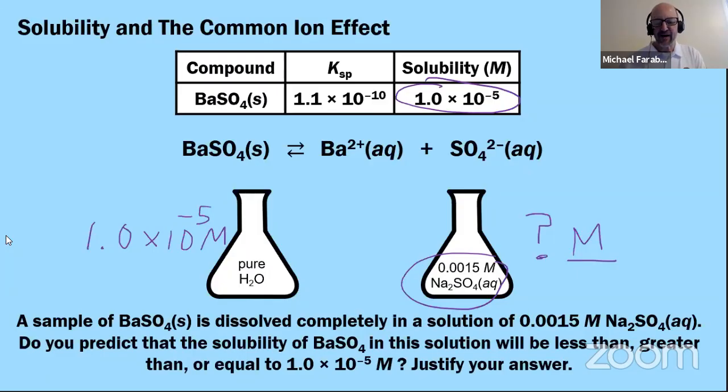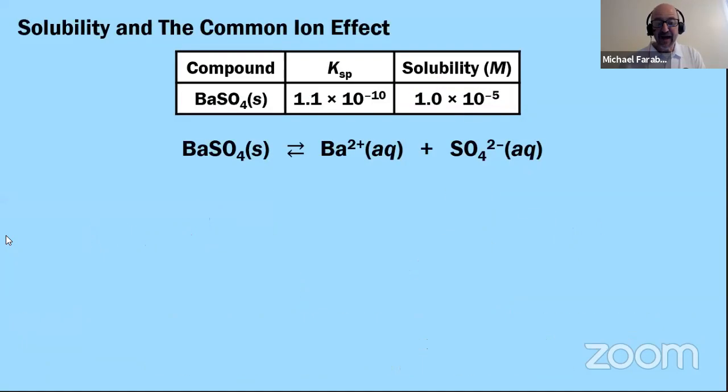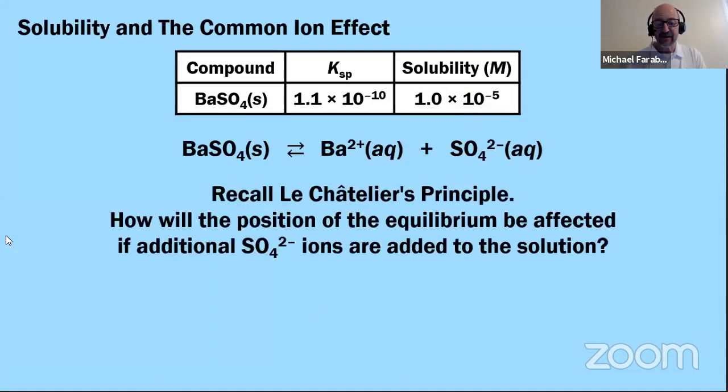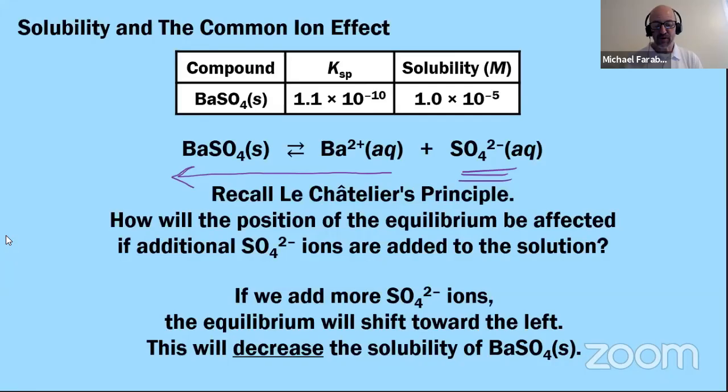If we already have this additional amount of sulfate ions, that is going to affect the equilibrium. So with additional sulfate added to the equilibrium, we are going to predict a shift from right to left. And therefore, if we shift toward the solid, that will decrease the solubility of the barium sulfate in a solution that already contains sulfate ions.